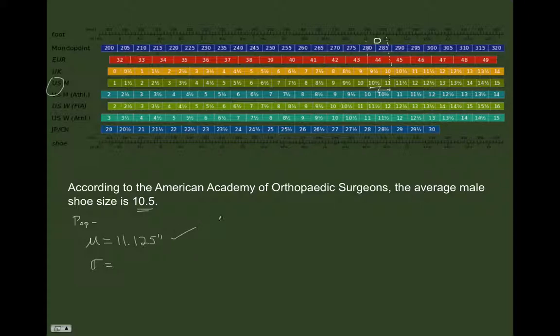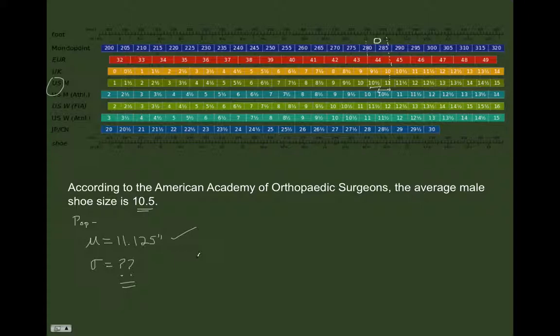I'm going to assume that the average length of a male human foot is about 11⅛ inches. But that still leaves me with the question of what's the standard deviation? I searched around on the internet and I didn't find this number. That number may be out there. I didn't spend hours and hours looking for it, but I haven't had much success.